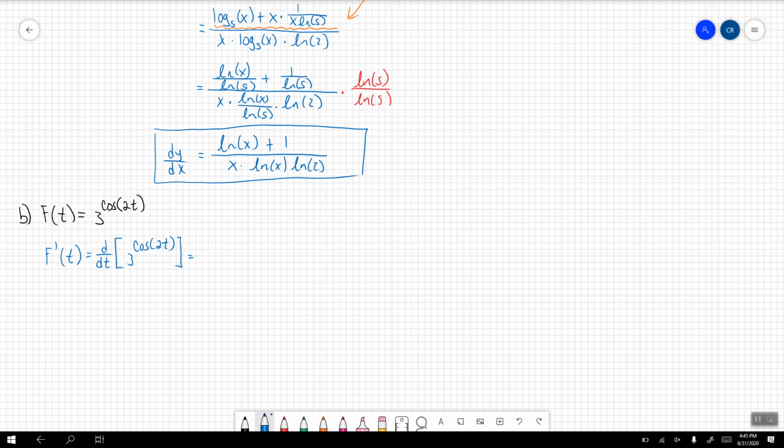So here I'm going to be left with 3 to the power of cosine of 2t, and then this is going to be multiplied by natural log of the base, which was 3, and then multiplied by the derivative of the exponent, because we have a chain rule.